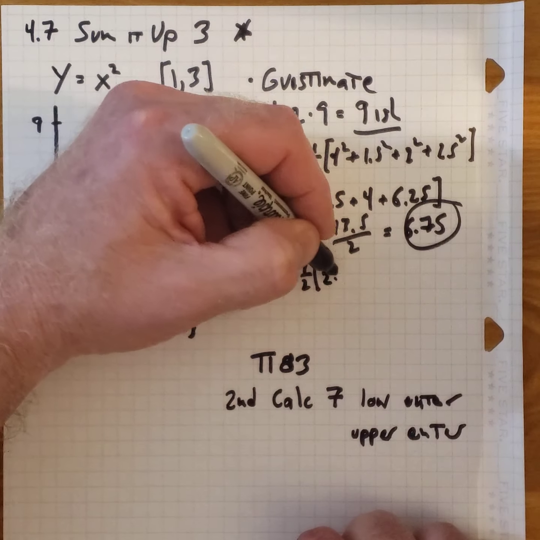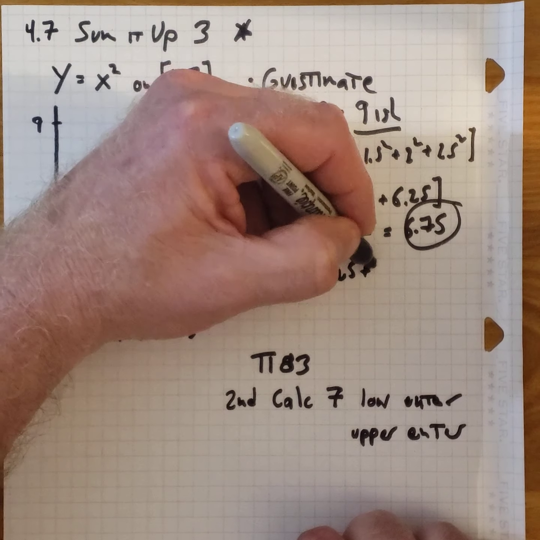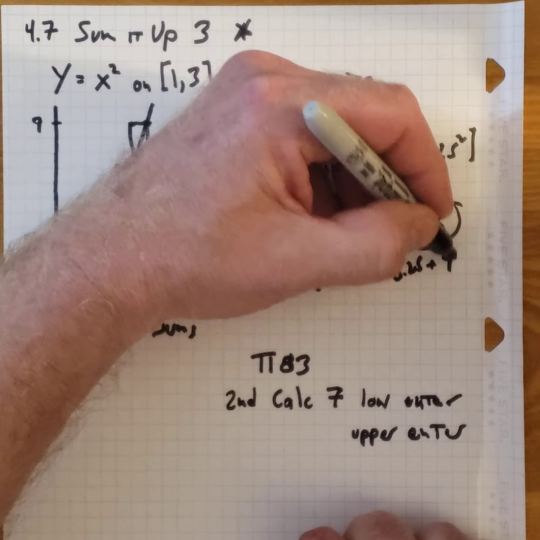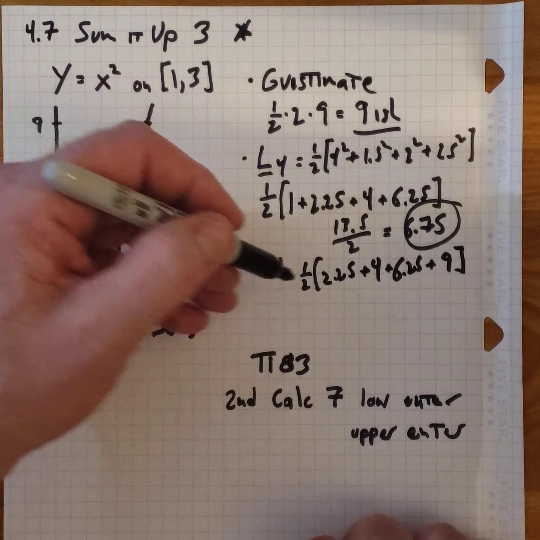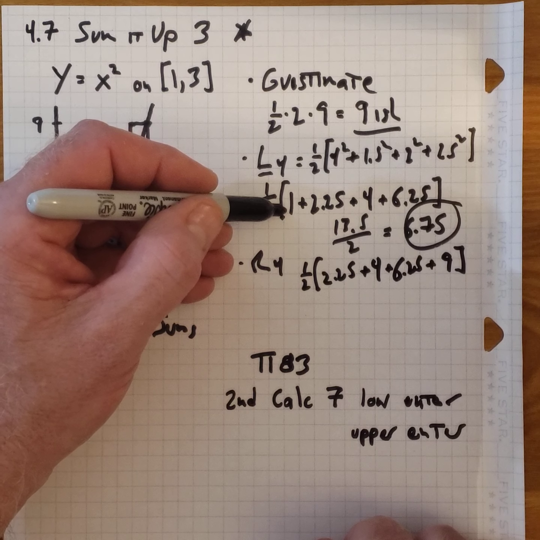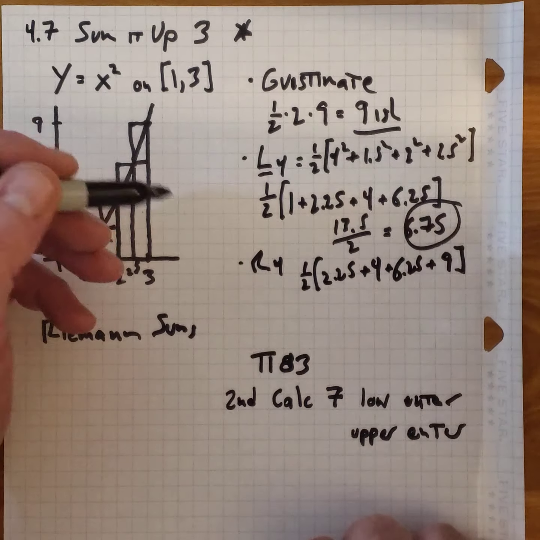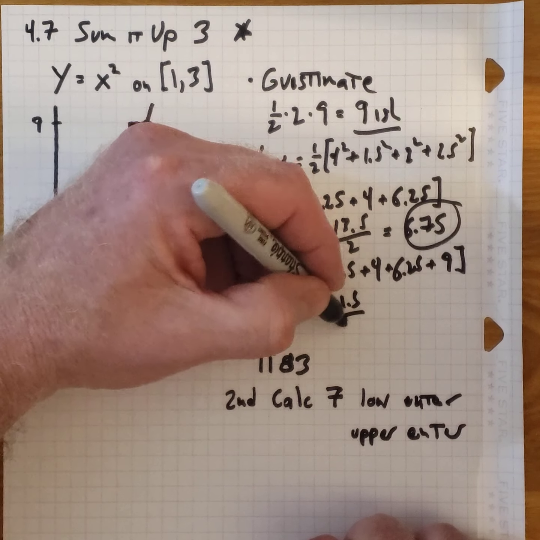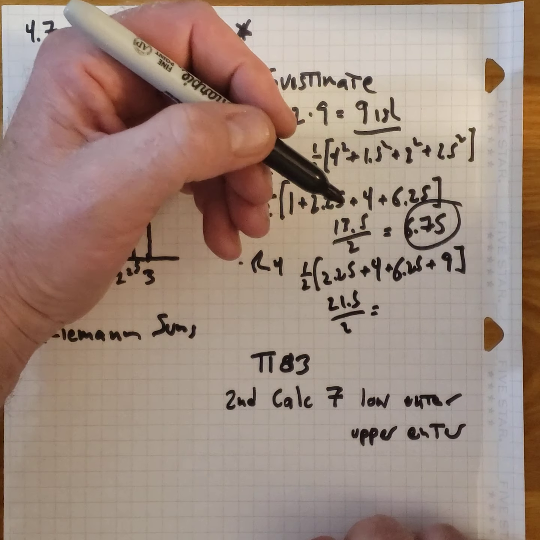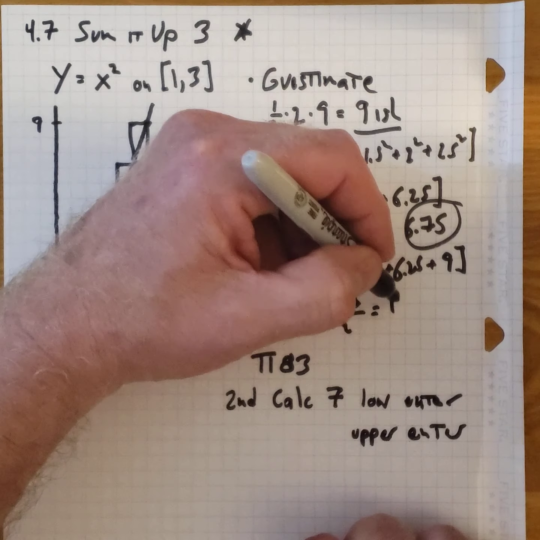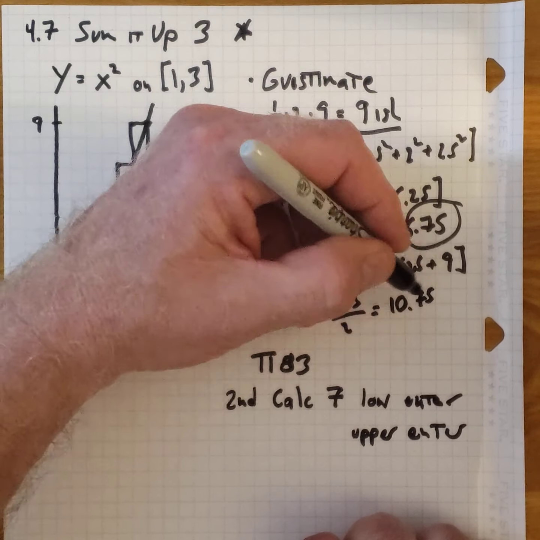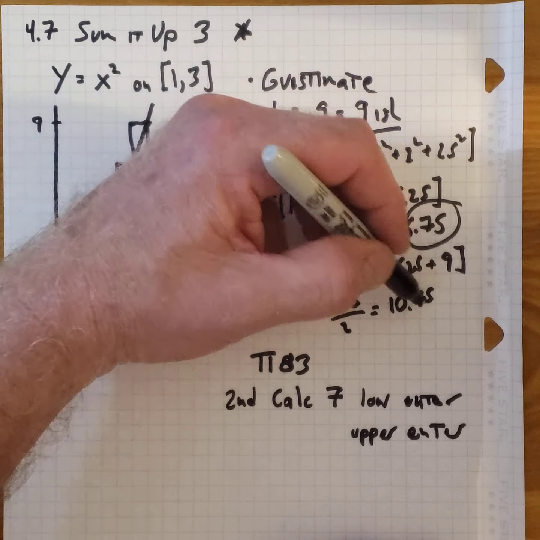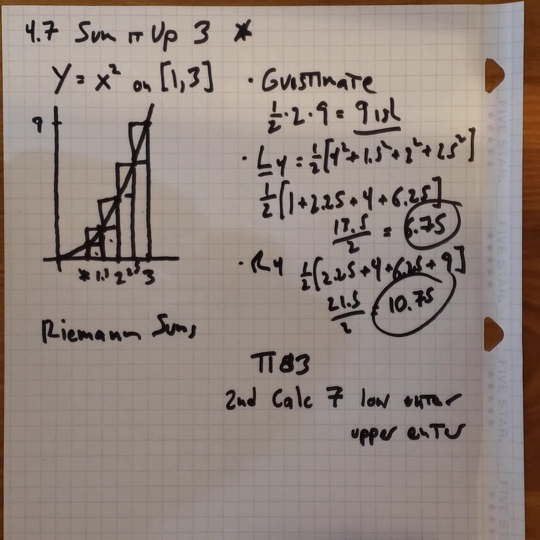So we're going to get 2.25 plus 4 plus 6.25 plus 9. It's pretty easy to see that we've lost a 1, we've picked up 9, so that's a total gain of 8. So that's going to be 21.5 over 2, which is going to be 10.75, I think. Of course it is, because if we picked up 8 and then divided by 2, our gain would be 4. So that's 4 more than that.